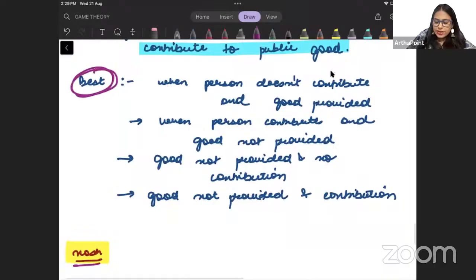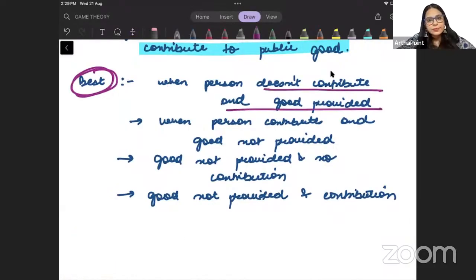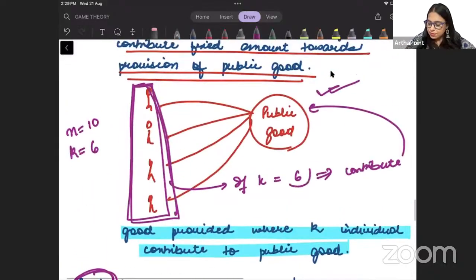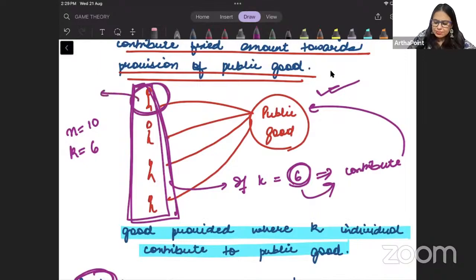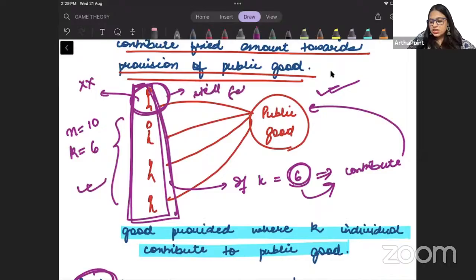The best option for any person is when he doesn't contribute and good is provided. So because only 6 people are required to contribute, what will this person think? Ki, let me not contribute. Others can contribute, and if I still get the good, still get this public good, then this is the best option for me. What is this called in microeconomics?